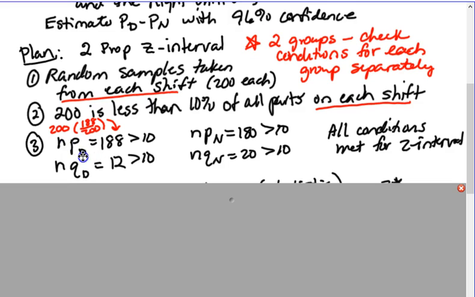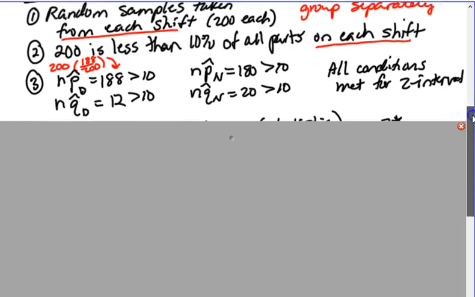So n p D, and actually this should be p hat, q hat, because we are looking at sample proportions here. So n p hat D is 188 and n q hat D is 12. n p hat N is 180 and n q hat N is 20. All are greater than 10, so all the conditions are met for doing a z interval.